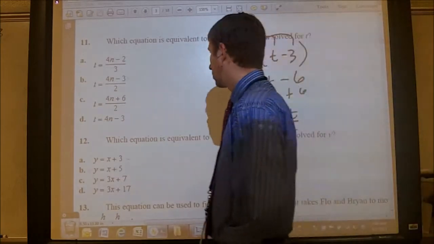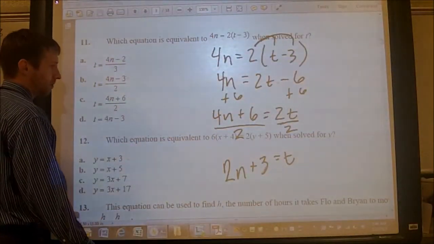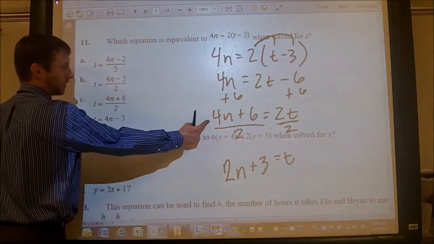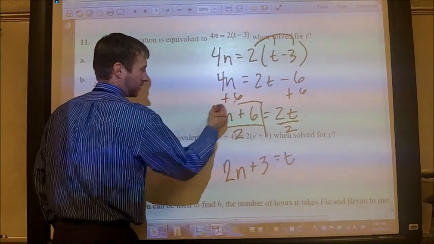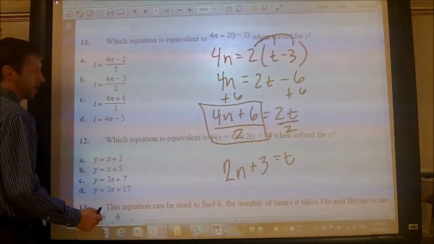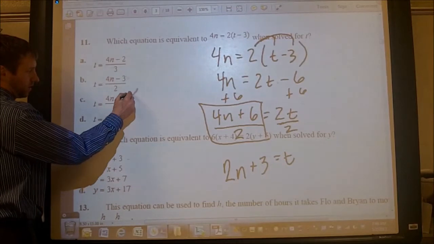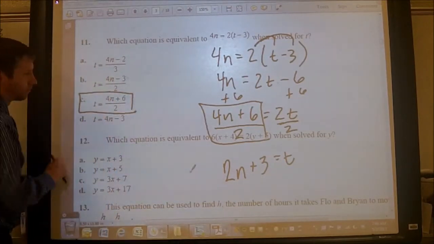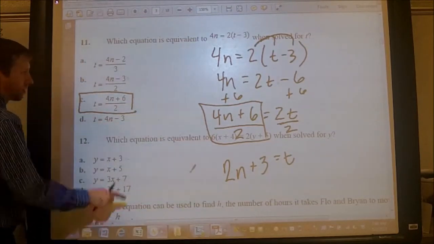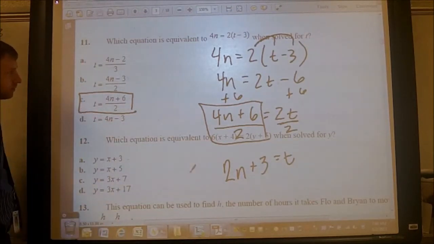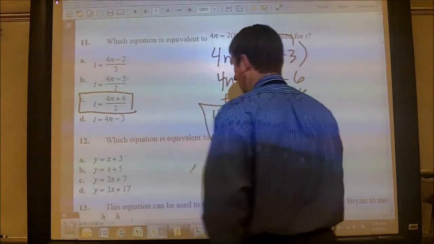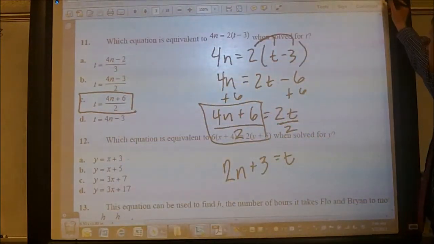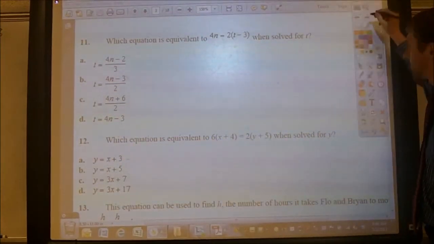And I look over at my answer choices and I actually don't see it, but if I go up one step, I see this right here, was C. So I actually didn't need to take it to that next step, but either one is equivalent, and this is the choice we have, so good. Hopefully that helps there.